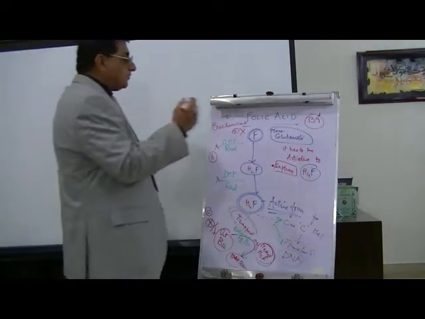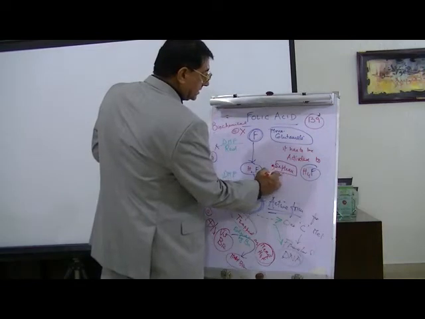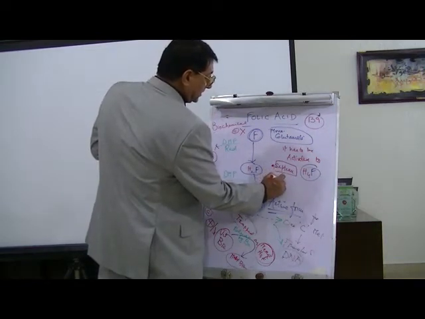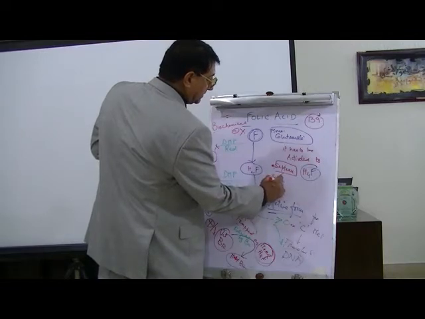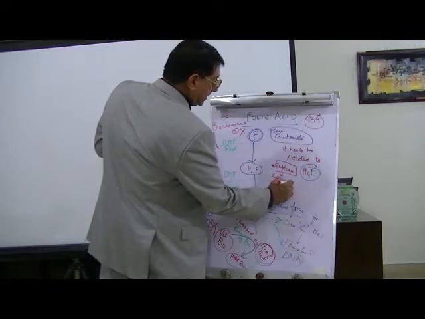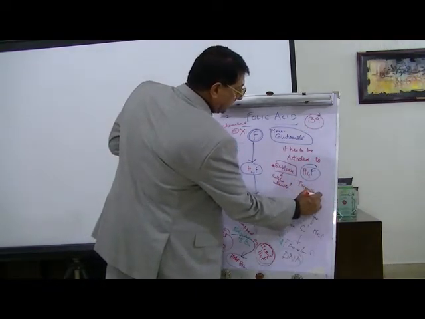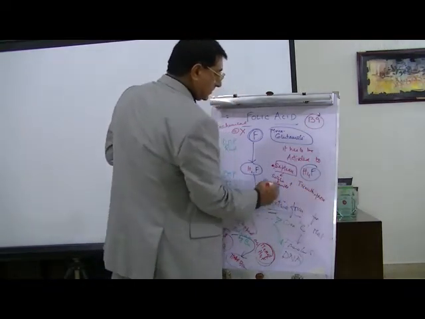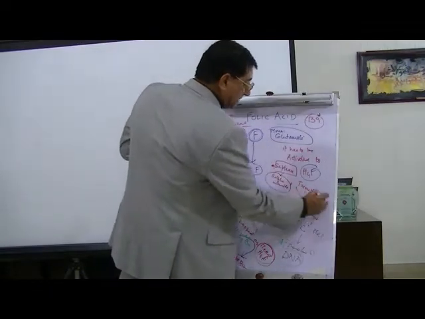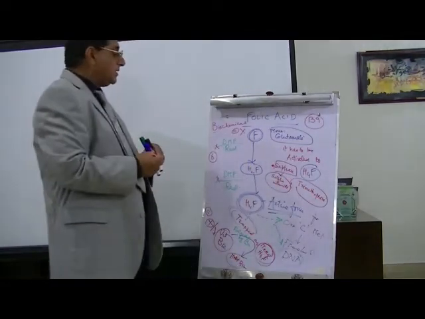Septron is formed of two things: one is sulfanilamide and the other is trimethoprim. These two combine together to form Septron.